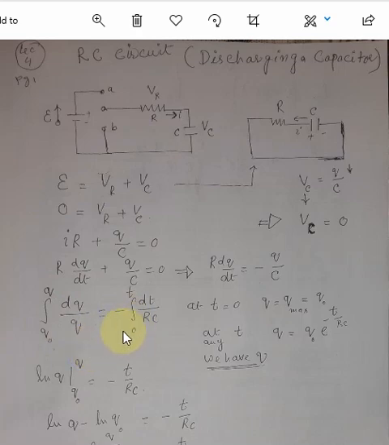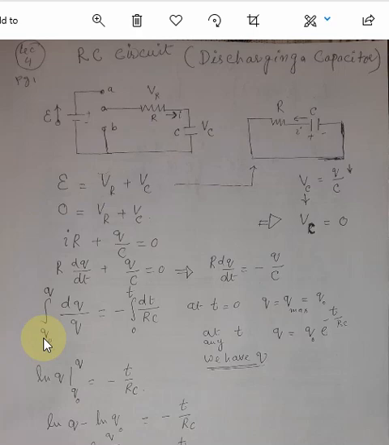When t is equal to 0, the charge is q naught. This naught suggests that it is the value of q at t equal to 0, and since this capacitor had been charged to its maximum value, this Q naught must be representing the maximum charge on the capacitor. That is, initially we start from the maximum value of the charge on the capacitor because it had been fully charged. The source is disconnected after the capacitor is fully charged. So these are the conditions.